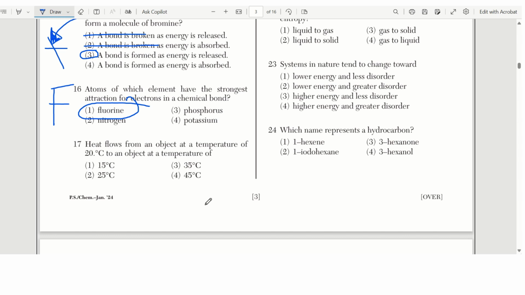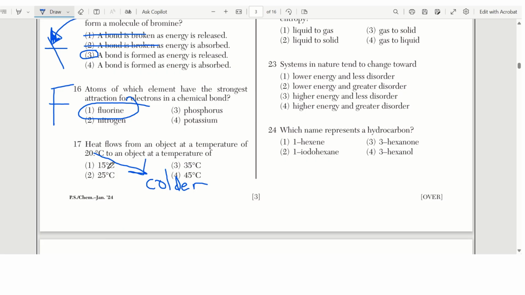All right, number 17. Heat flows from an object at a temperature of 20 degrees Celsius to an object at a temperature of, well, first of all, heat flows from warmer to colder. Also, I could figure this one out by doing the whole Sesame Street. One of these things is not like the others.